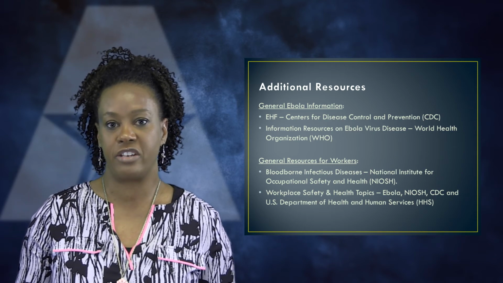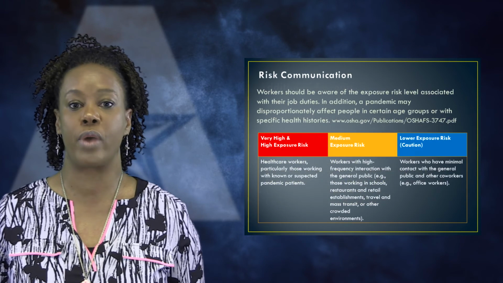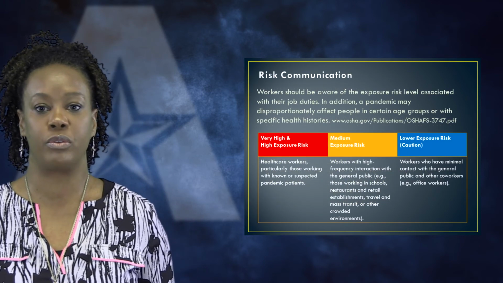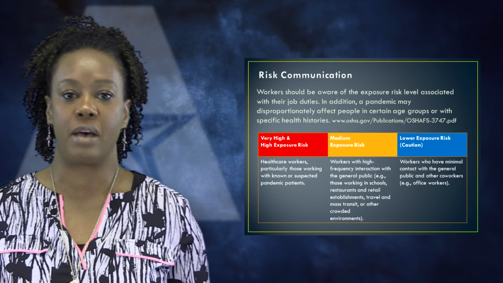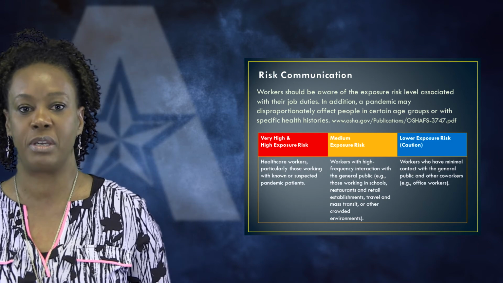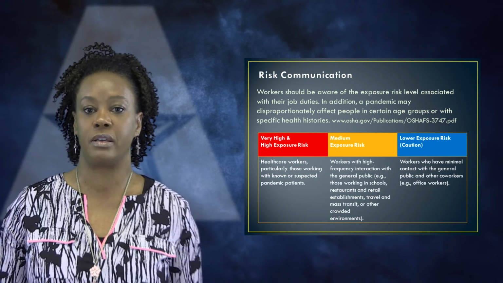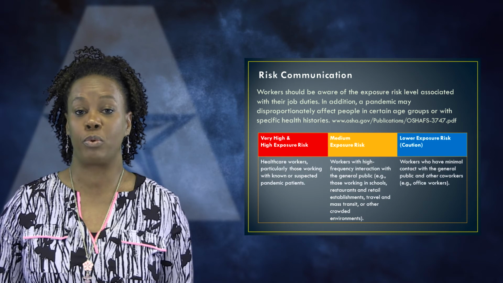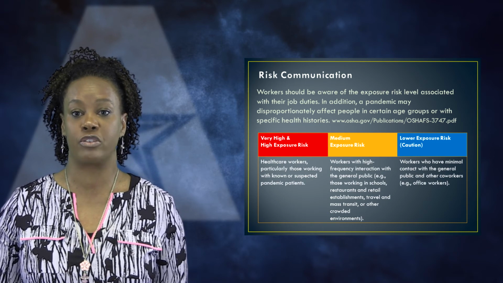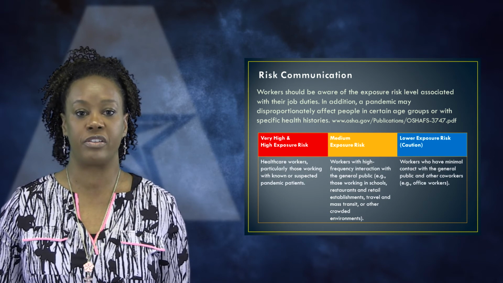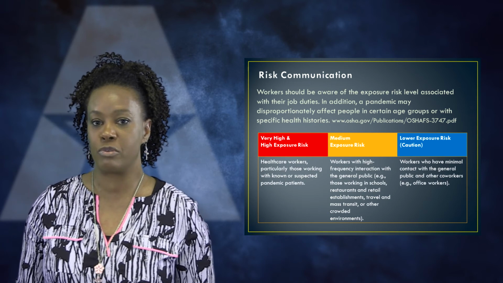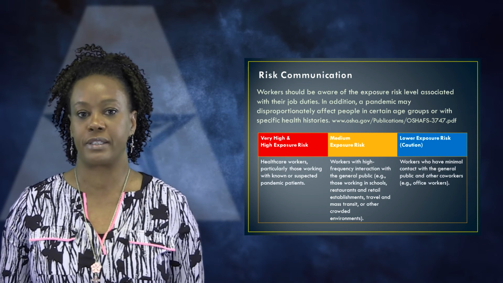Some risk communication information: workers should be aware of the exposure risk levels associated with their job duties. In addition, a pandemic may disproportionately affect people in certain age groups or with specific health histories. At the bottom, you'll notice that there are 3 categories.